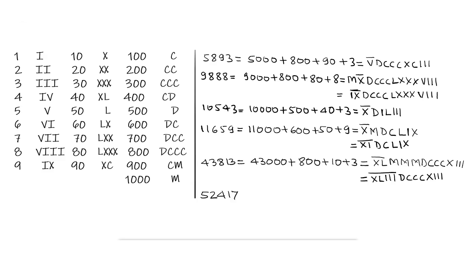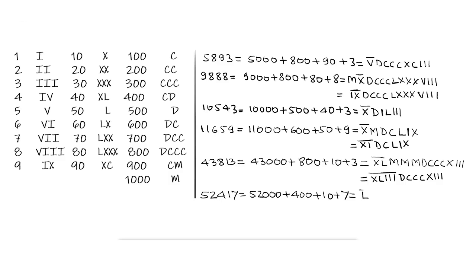52,417. 52,417 can be written as 52,000 plus 400 plus 10 plus 7. This can be written as 52 can be written as, first we write 50 and put bar over it.